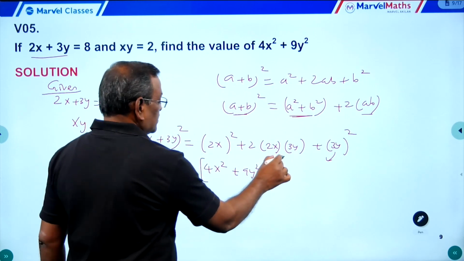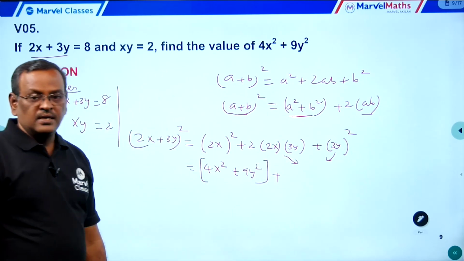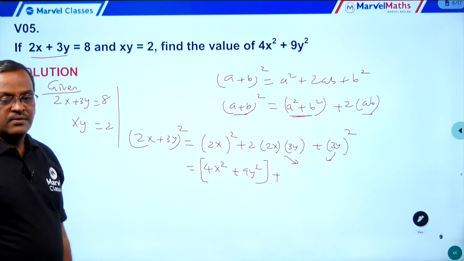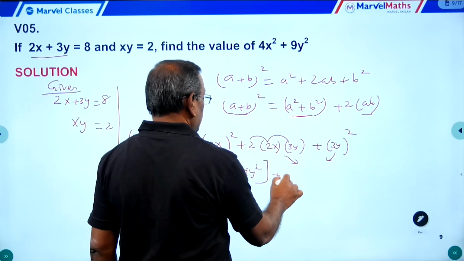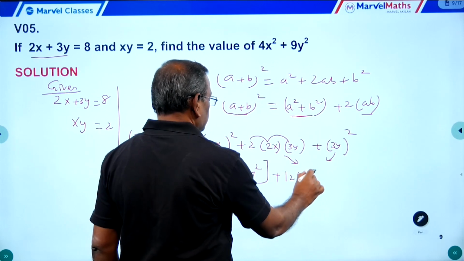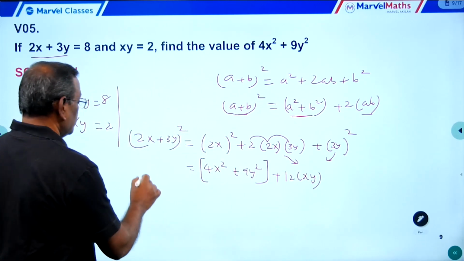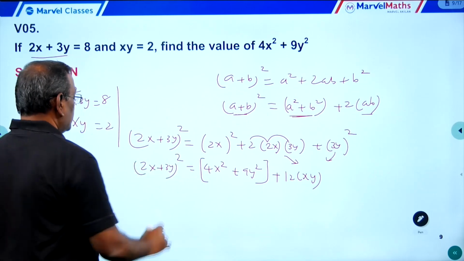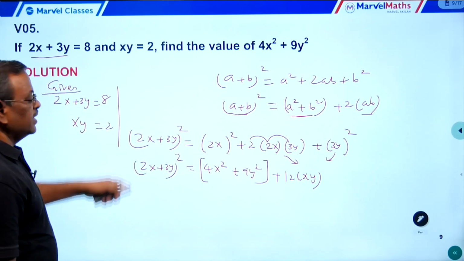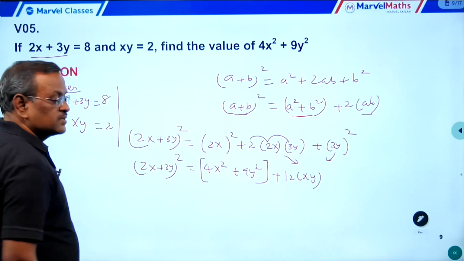plus, what is the value of this? First evaluate the final value of the coefficients. 2 into 2 is 4, 4 into 3 is 12 xy. So here the question is (2x + 3y) the whole square, and what is the given data? 2x plus 3y equal to 8. So substitute in this format.